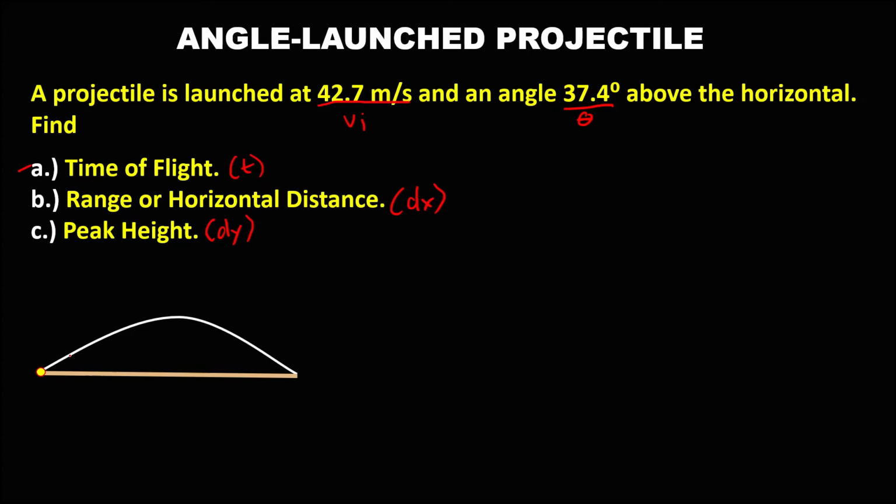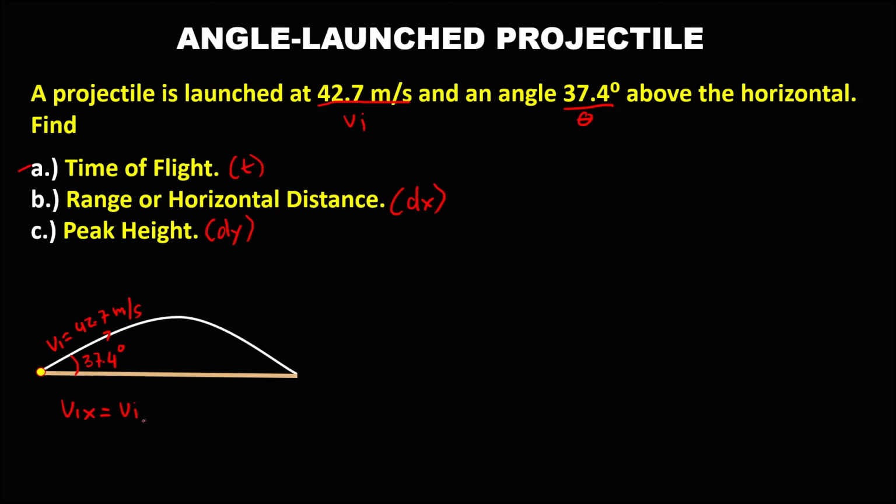So we have the given angle, that's 37.4 degrees, and the initial velocity, that's 42.7 meters per second. So first, we need to find the initial velocity for x using this formula.